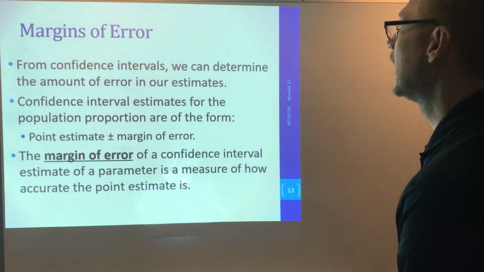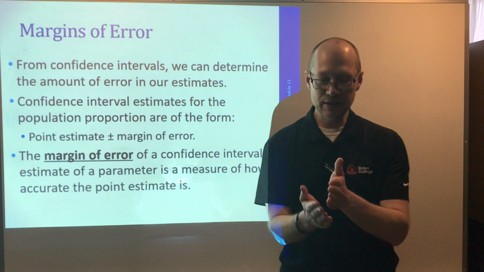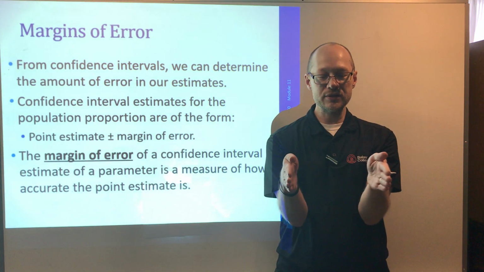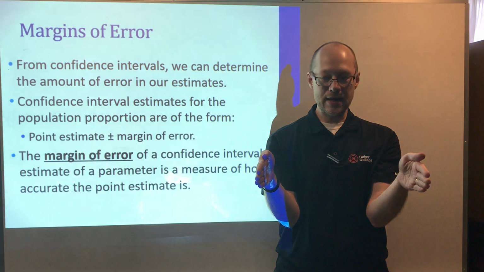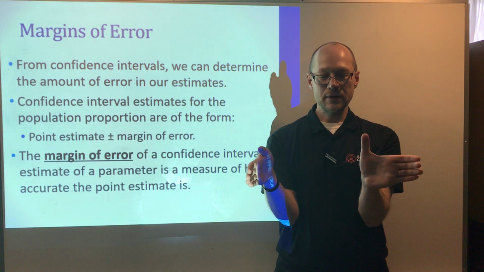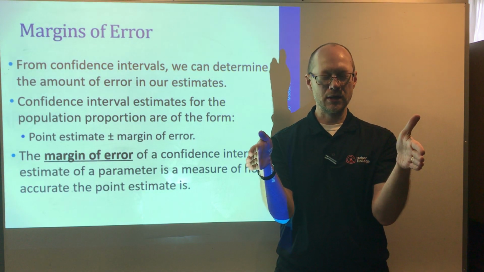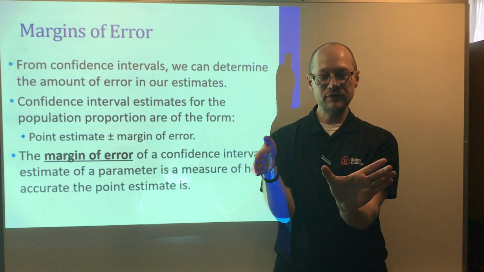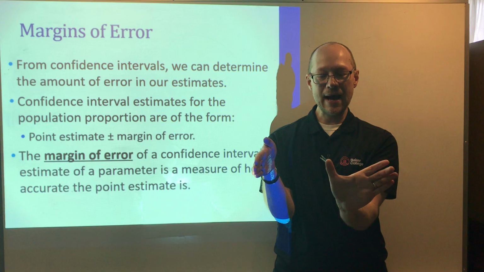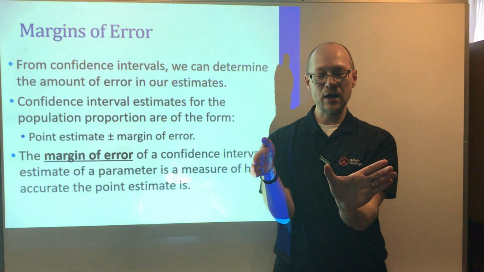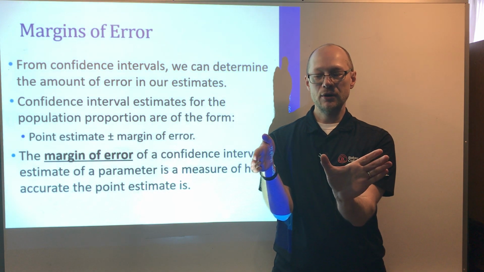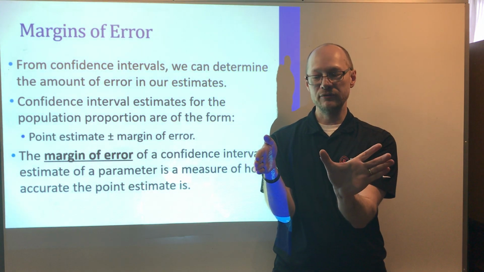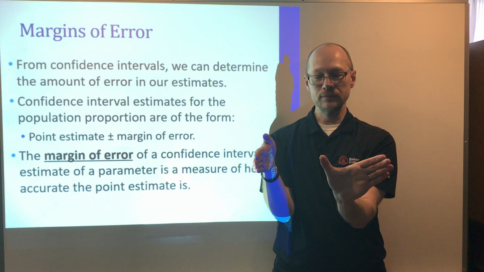And that takes us then to margin of error. Because if this is what the sample says, and we create this interval based on our margin of error, then, based on our confidence level, the margin of error is how far away our point estimate is from the low and high endpoints of our confidence interval.